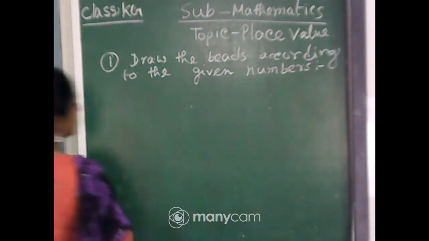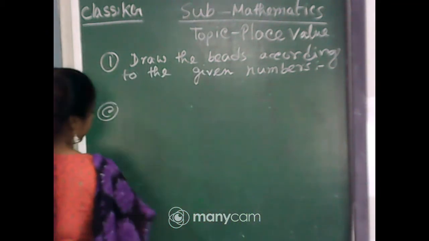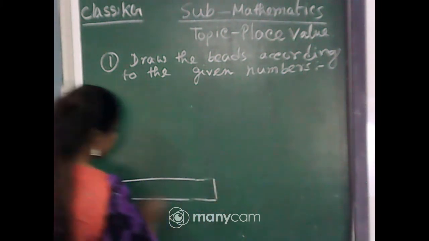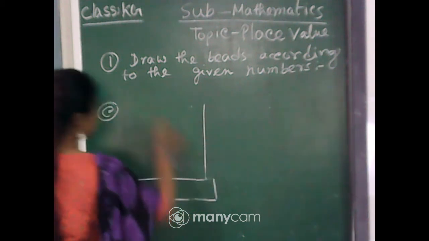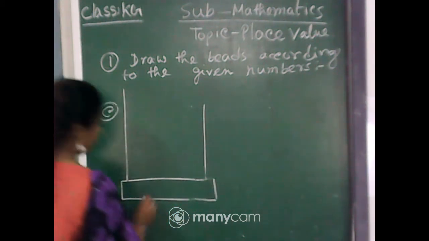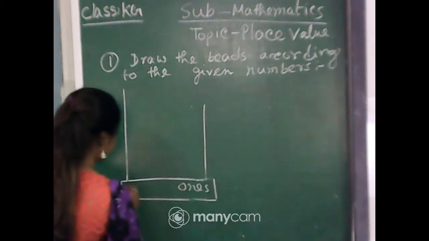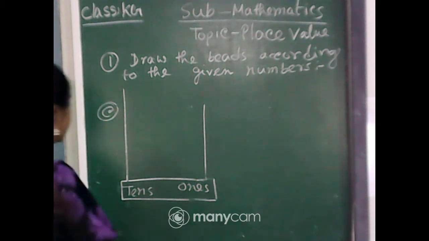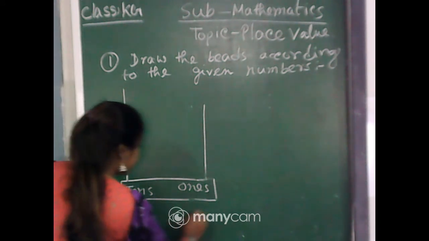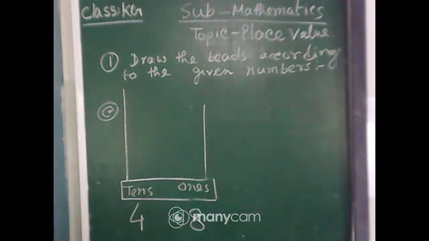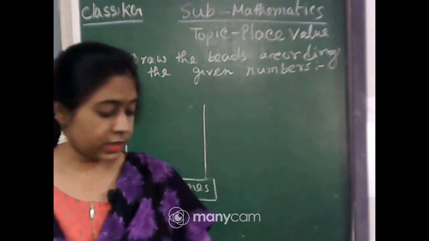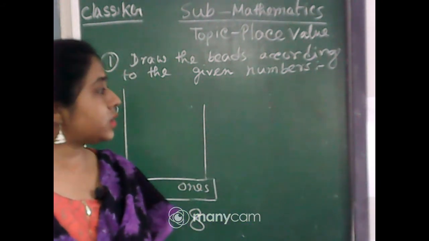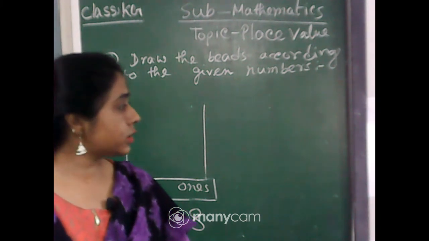Now we will do C. First, we will draw this abacus, ones and tens. So next our question is 48. First you say the expanded form of 48. Very good, Srijan.